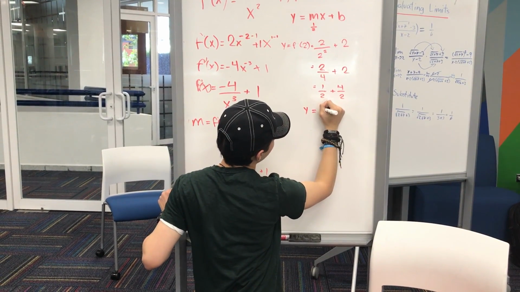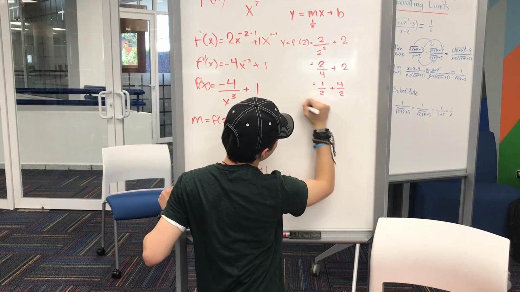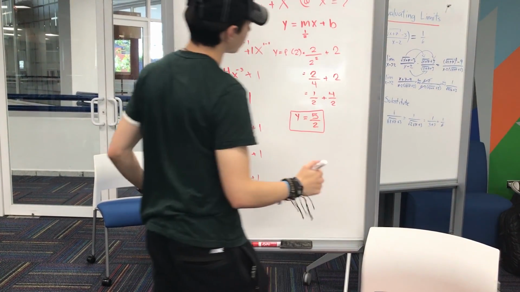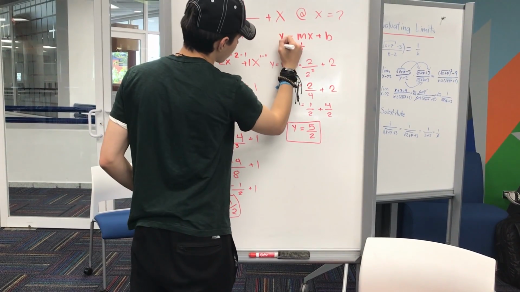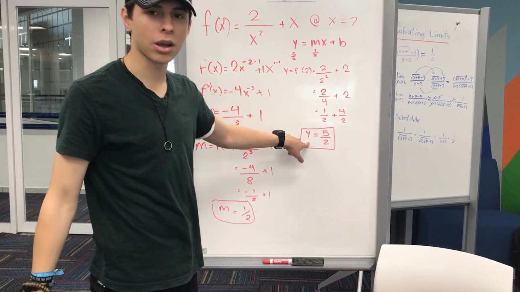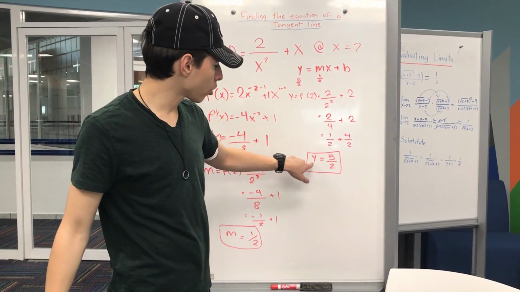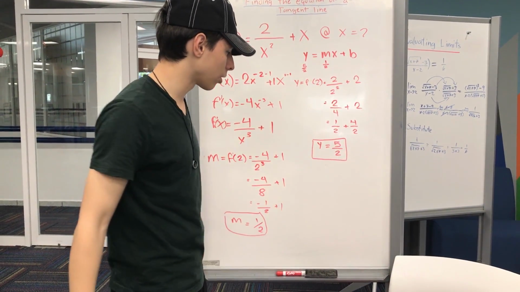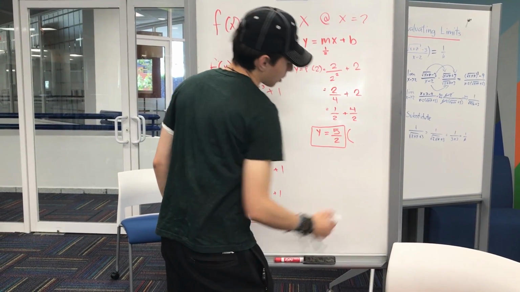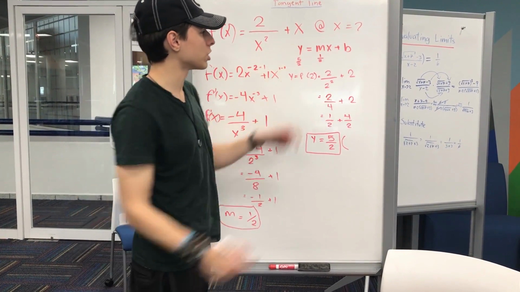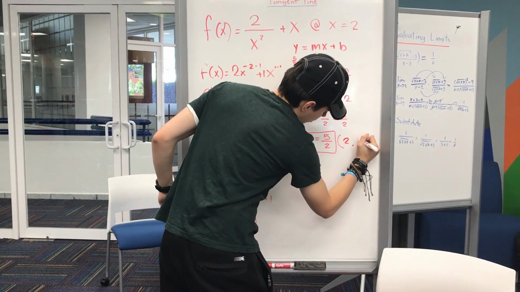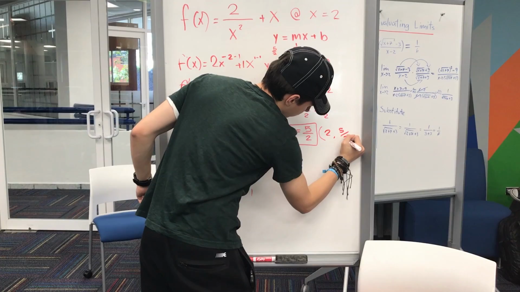Y equals 5 over 2. But in this case, our answer needs to be a coordinate pair. So although y equals 5 over 2, the correct answer is actually parentheses x, the original x, which is x equals 2, comma 5 over 2.